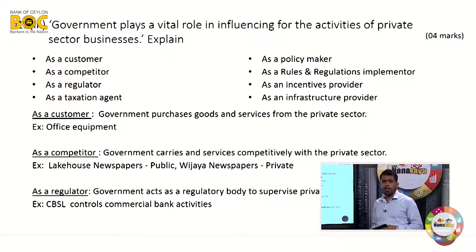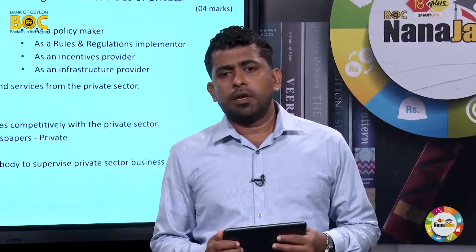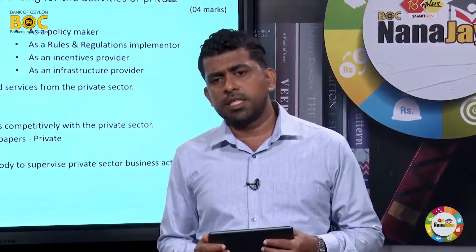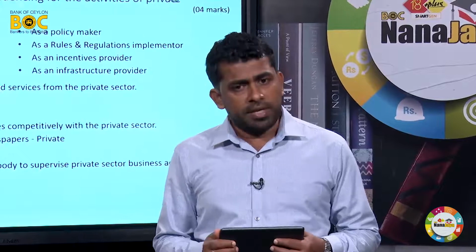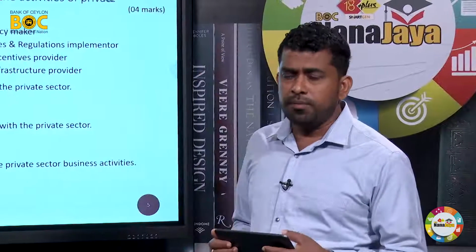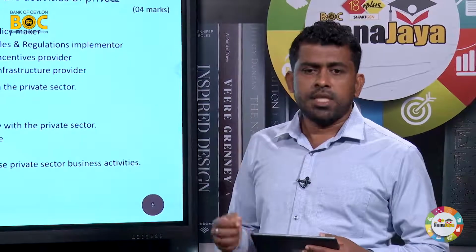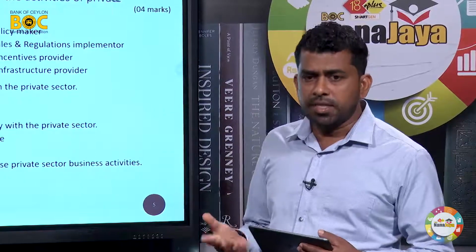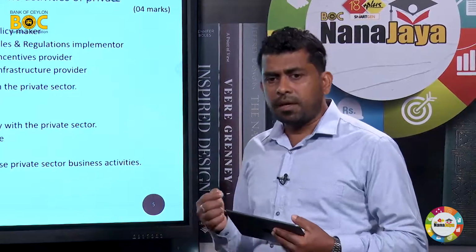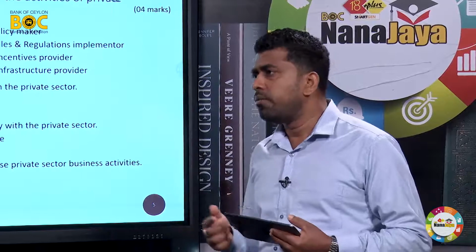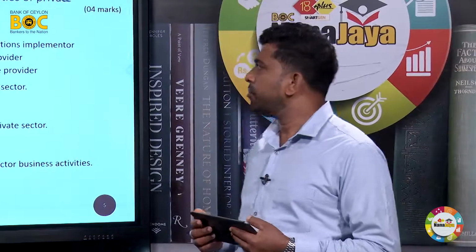As a customer, the government purchases a lot of goods and services from private sector businesses. For example, furniture, security services and sanitary services are purchased by government organizations from private sector businesses.